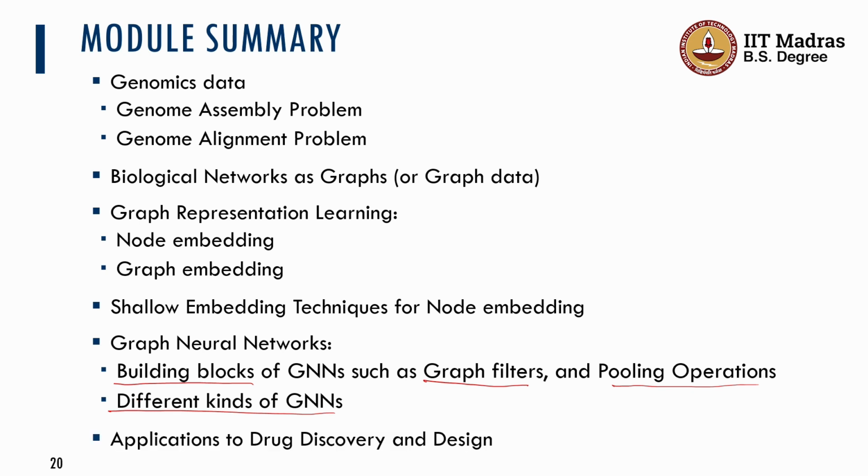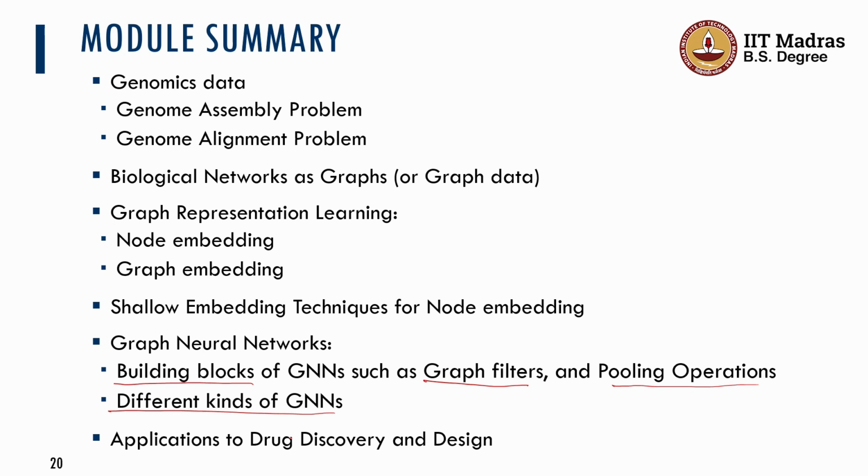And at the last, what we have looked at is applications of these graph neural networks in drug discovery and design. We looked at different kinds of problems associated with drug discovery and design and how the AI and deep learning approaches we have studied in this particular course can be useful to solve them.